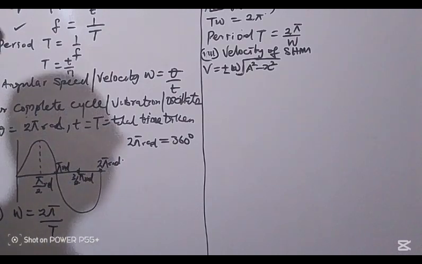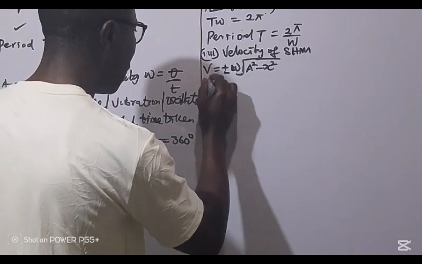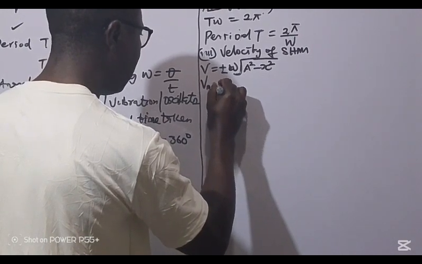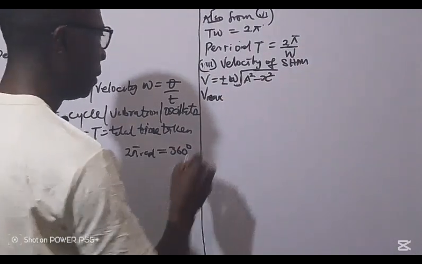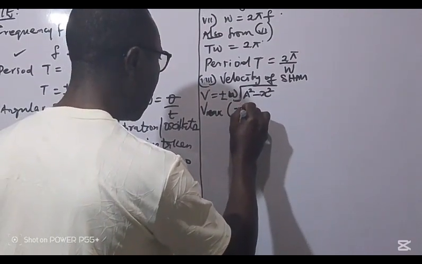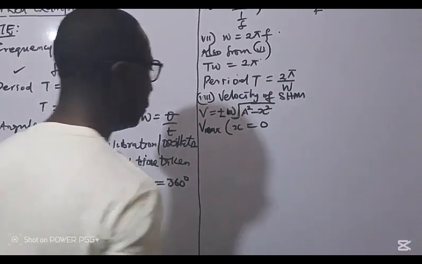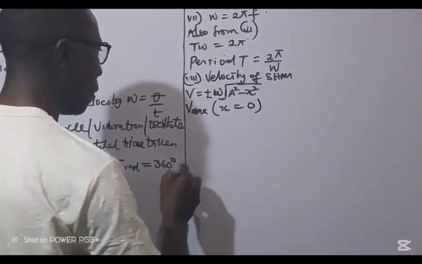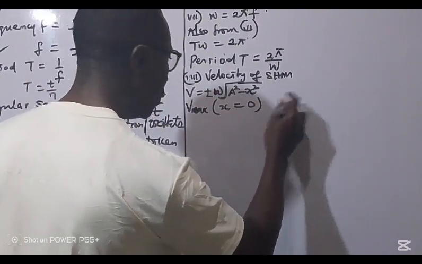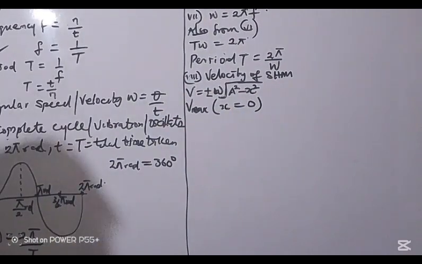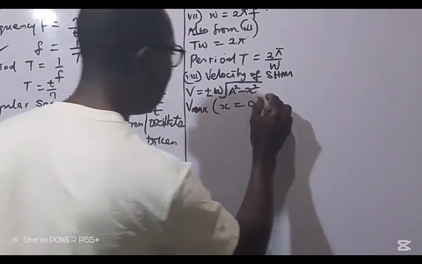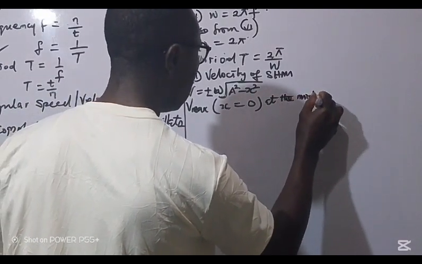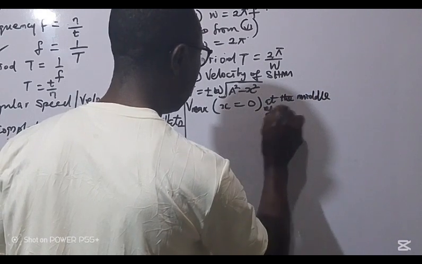And we said to have maximum velocity, s will be equal to 0. So maximum velocity will occur at the middle of the oscillation.